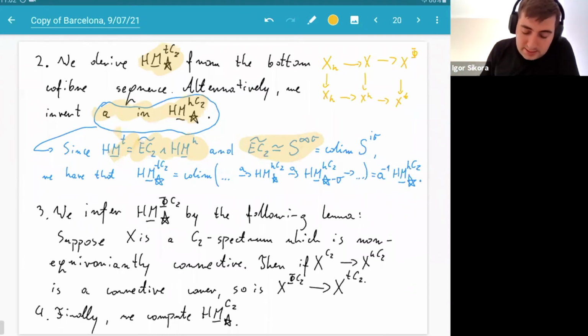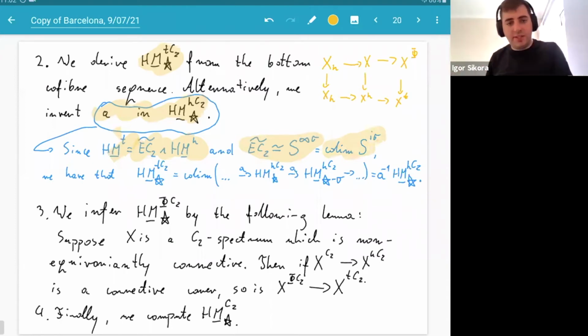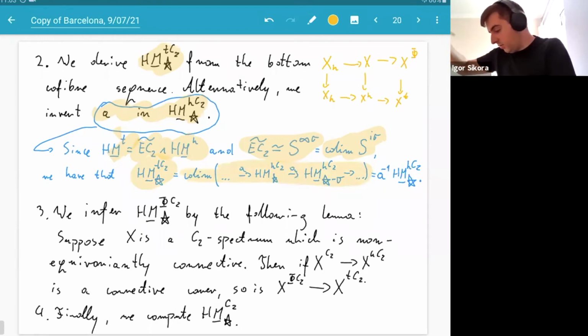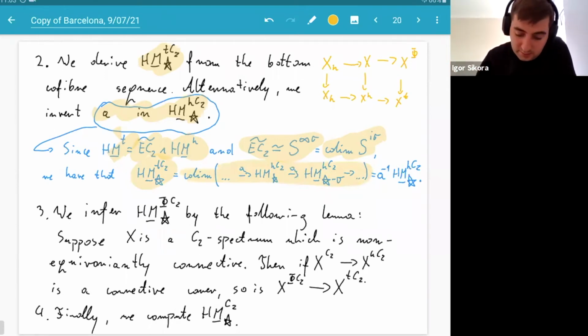Since S infinity sigma is given as a colimit of smaller representation spheres, the coefficients of the Tate spectrum are isomorphic to the colimit of consecutive multiplication by a. Therefore, they are isomorphic to the coefficients of the Borel completion with a inverted.